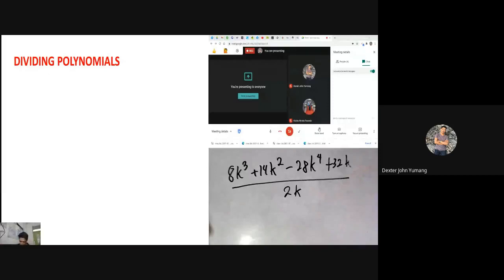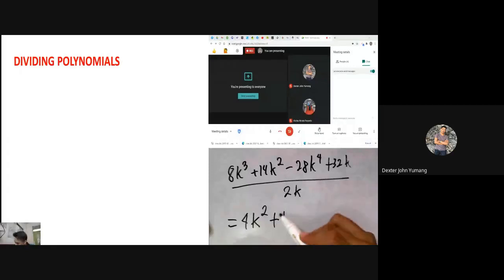So let's reveal the answer now. So we have 8 divided by 2, that is 4. Then k cubed, k invisible 1, so k is our base. 3 minus invisible 1, that is 2. Then plus, bakit plus? Kasi po plus and plus, they are the same. They have the same signs, therefore positive ang gagamitin. Next, 14 divided by 2, that is 7.